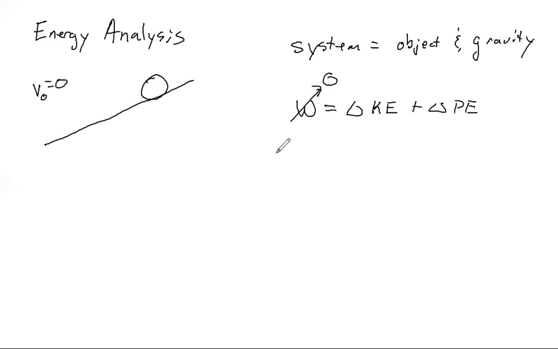In which case, the work energy theorem tells me that 0 equals the final kinetic energy, so that's 1/2 the mass times the velocity in the x direction squared, plus 1/2 I times omega squared. These are the final velocities.